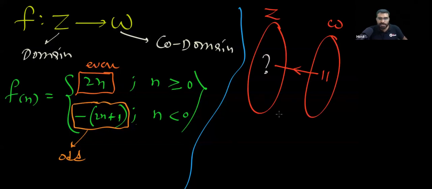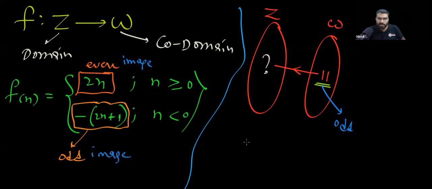So if you are getting 11, an odd image, then definitely this must come from here, because the other will give you an even number. I can say this is the even image and this is the odd image.